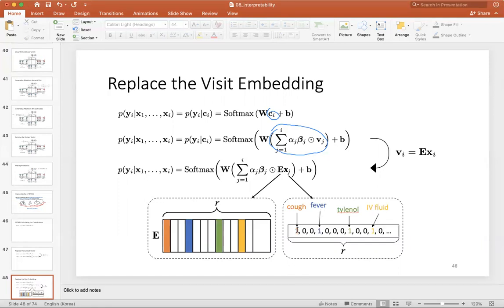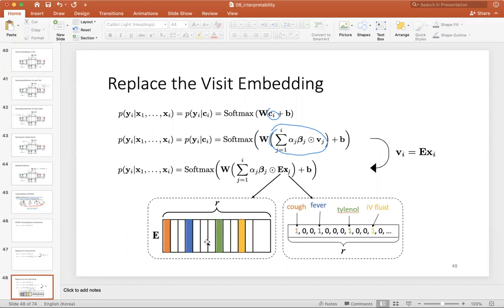Well, this won't be a weighted sum because your values will be either 0 or 1, so it's a binary indicator. Anything that has 1, like the cough here, will correspond to the first column of the embedding matrix. Fever, blue, Tylenol, green, IV fluid, yellow. So EXJ is simply taking the corresponding columns and summing up the active columns.